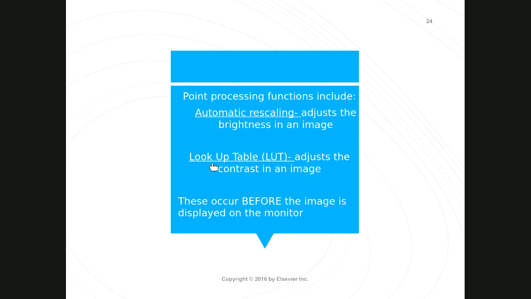And it also applies the lookup table, which adjusts the contrast or the visible differences in brightnesses in your image. So both of these things are considered point processing functions, and they take place prior to you seeing the image on the monitor.